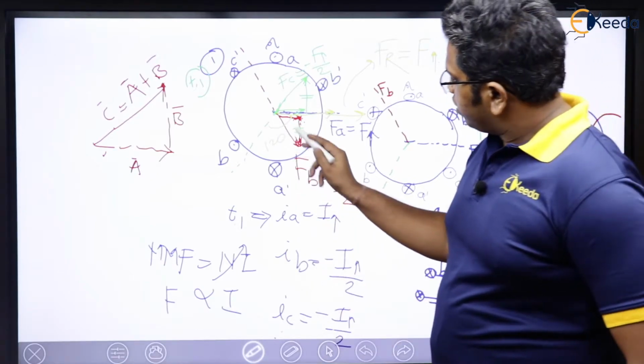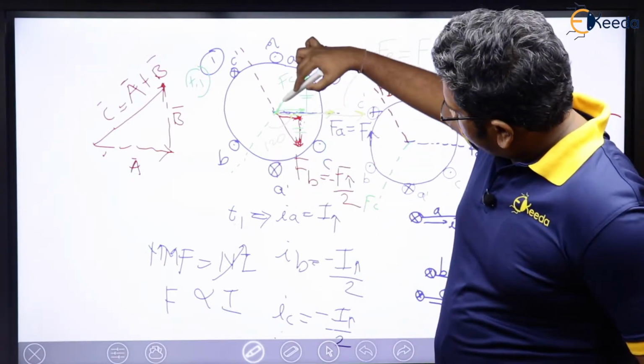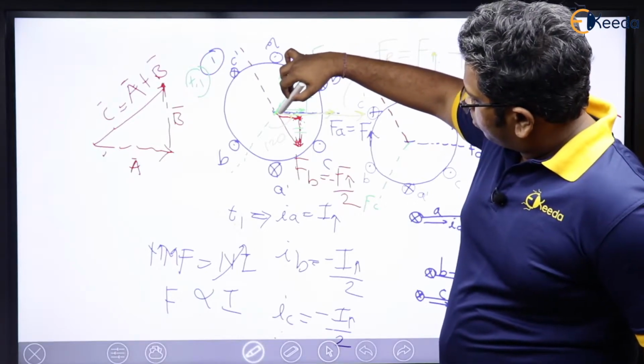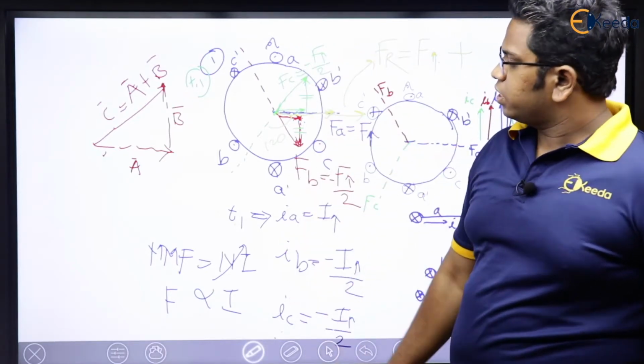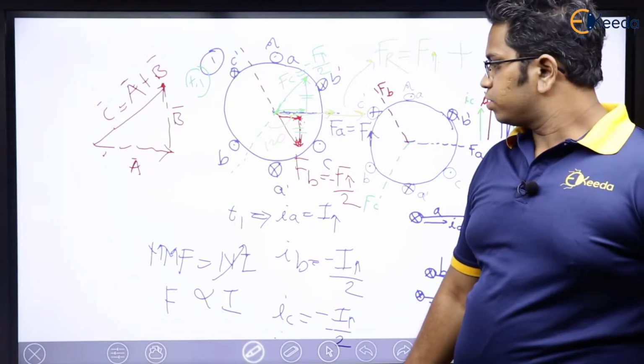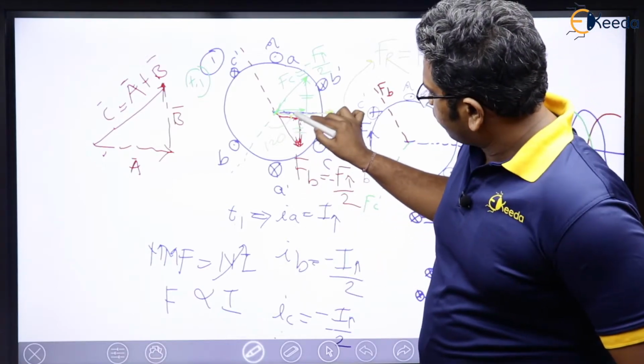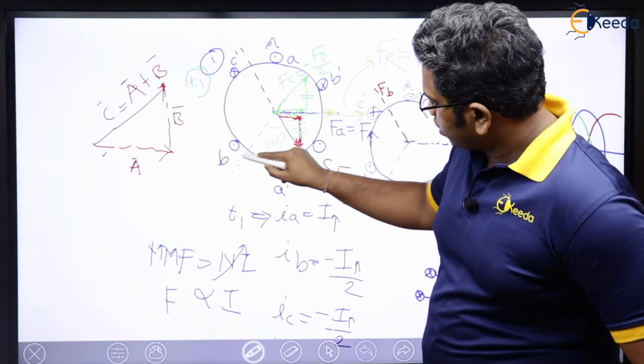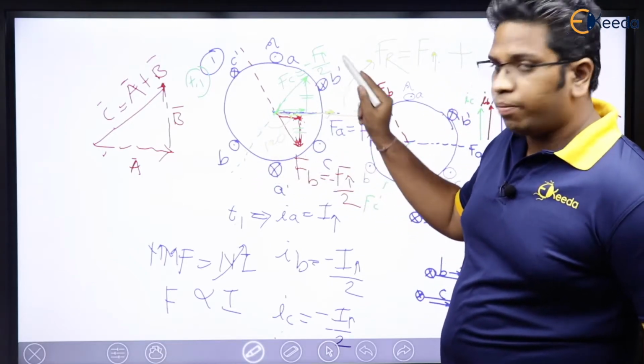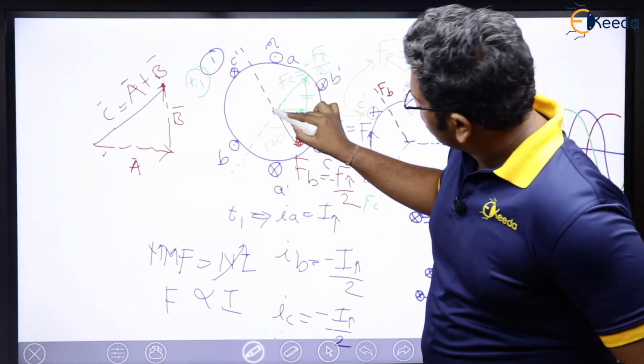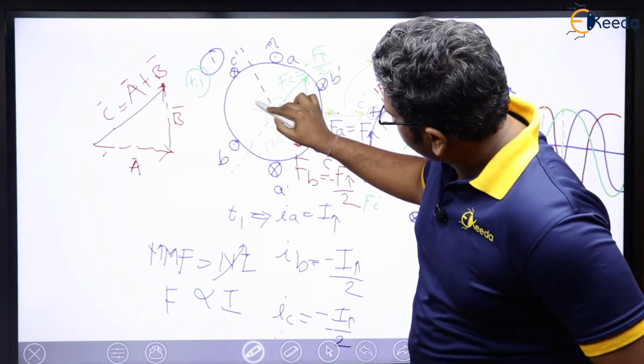Now, if this angle is 120 degrees, how much are these two angles, this angle and this angle? 60 degrees. See here, if this angle is 120 degrees, these two are diametrically opposite to each other, which means this complete angle is going to be 180 degrees.